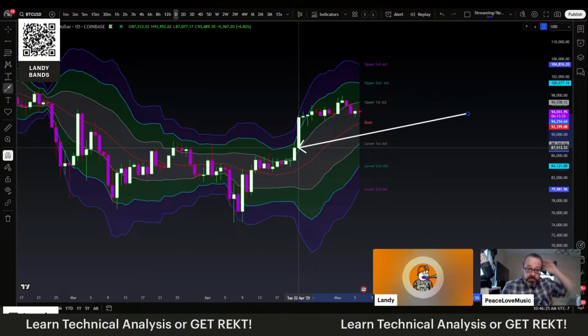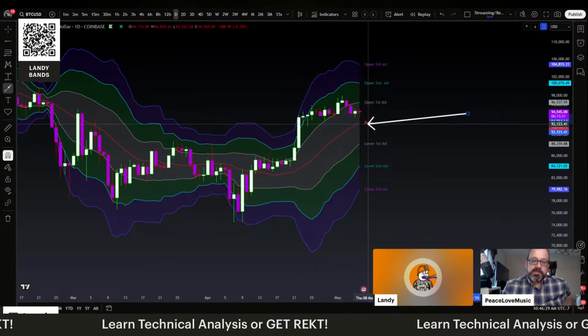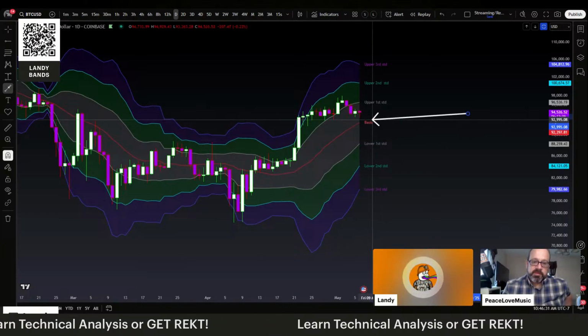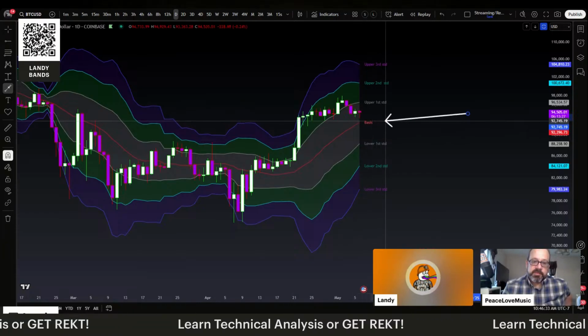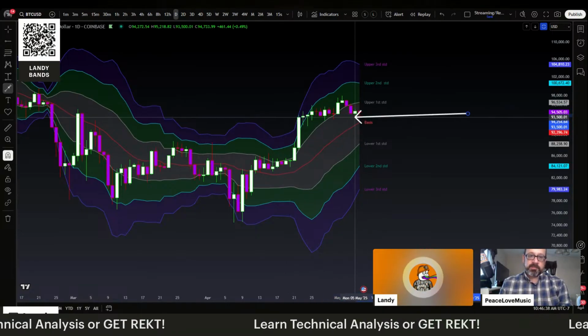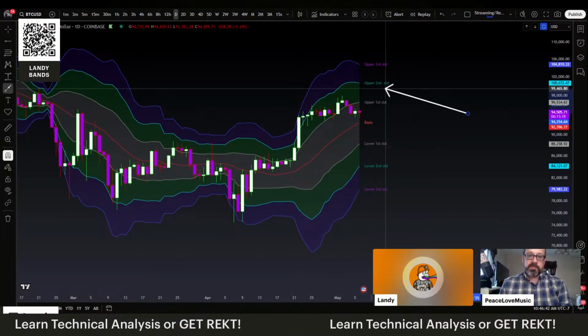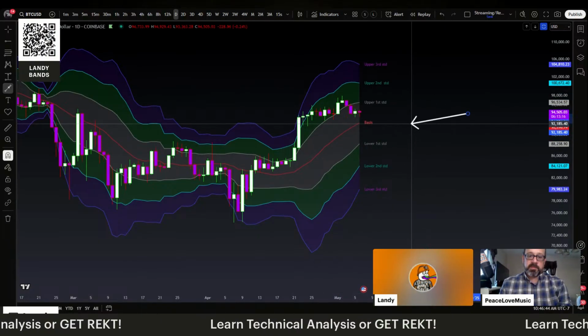This is a form of mean reversion. It's not where price is necessarily falling aggressively towards the basis here, which is a 20 simple moving average. We've covered quite a bit of this, but in this case, we see that price moving sideways while the band is rising is leading to price volatility cooling down within the band set, right?